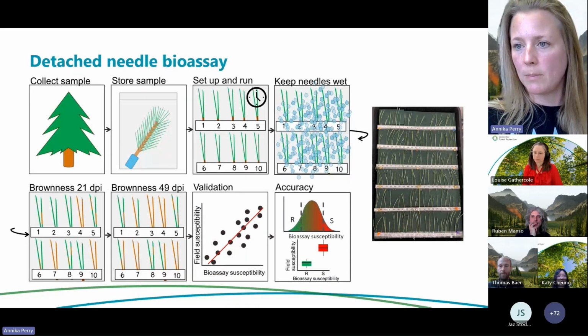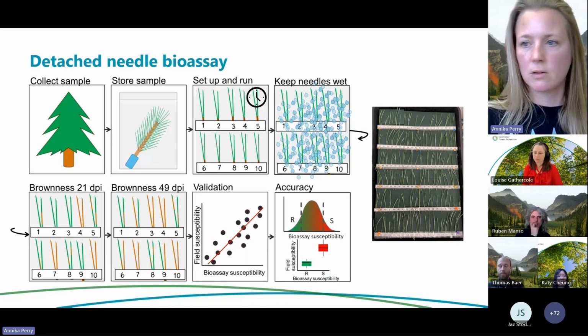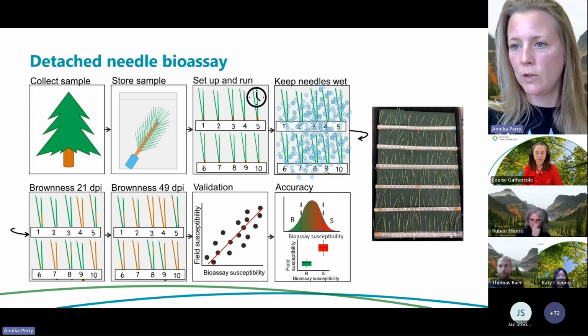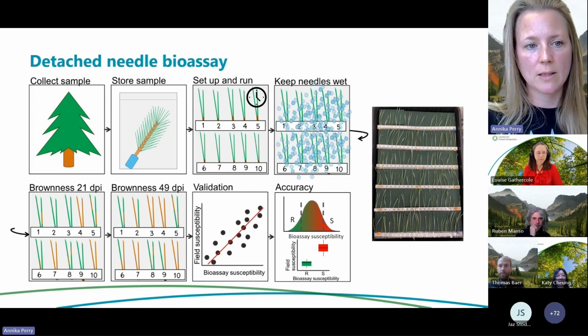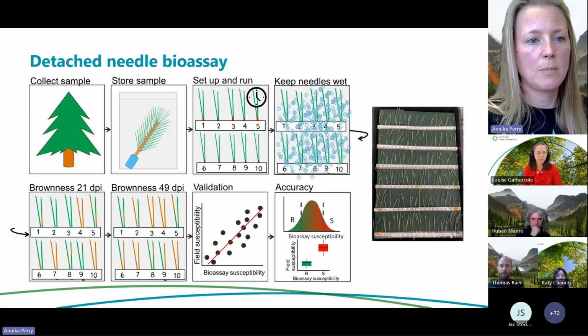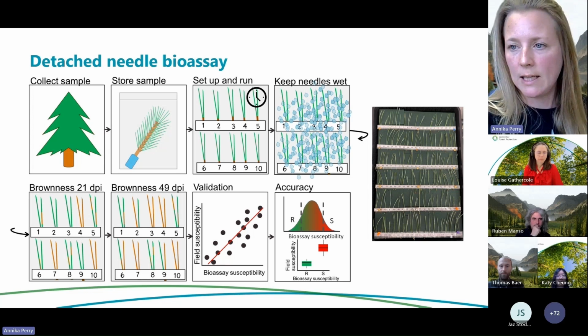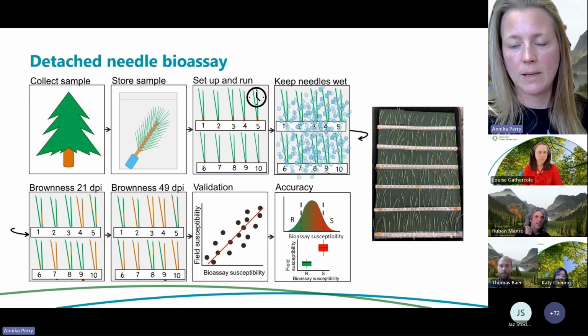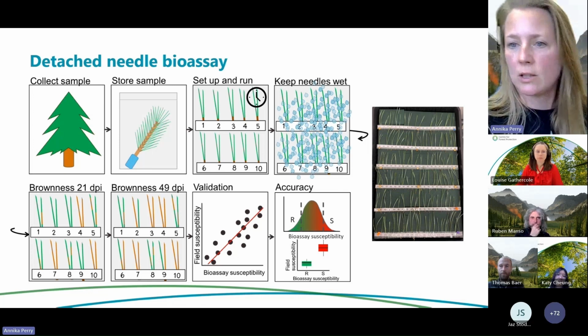So I've been talking a lot about the detached needle bioassay, but what do I actually mean by this? I've tried quite a few different approaches, and this is what I've ended up with. You start by collecting your sample from a tree, you store it in just a poly bag and keep it at ambient temperature, and then when you get back to the site, you pop it in the fridge, keep it chilled.